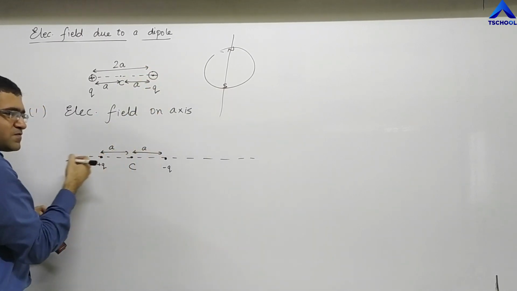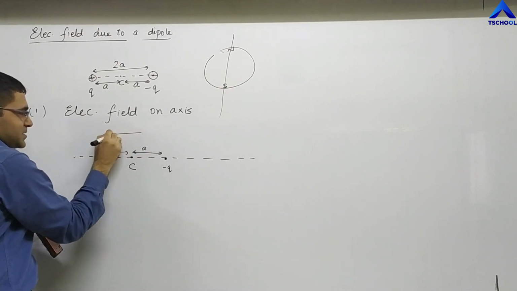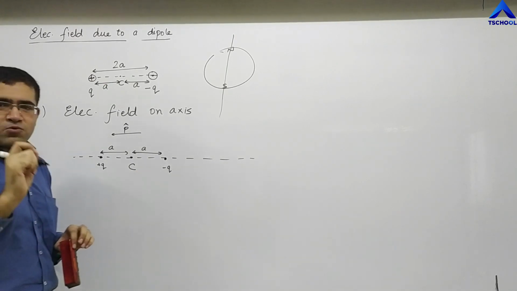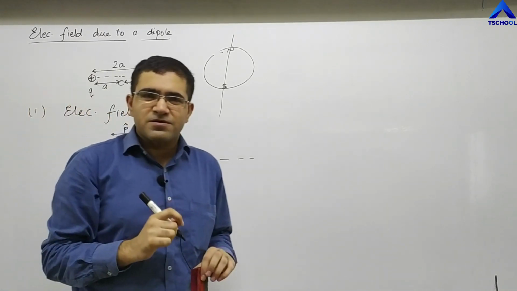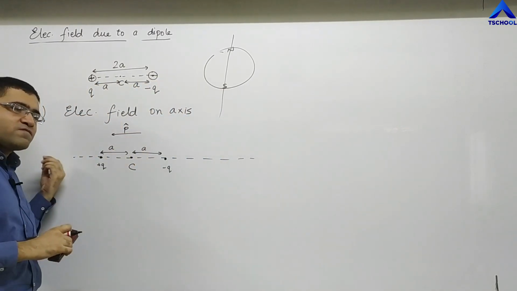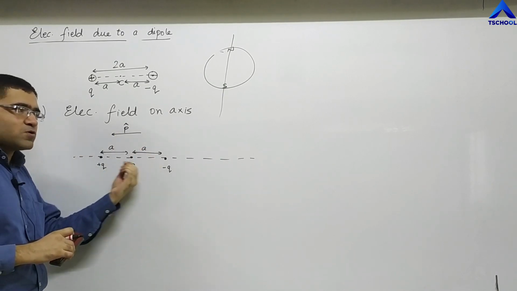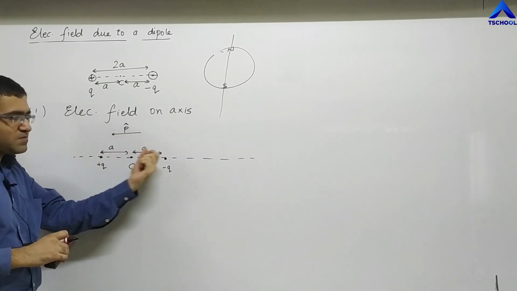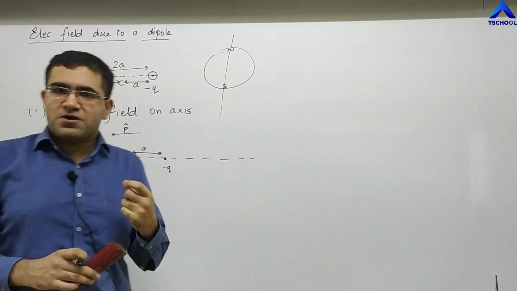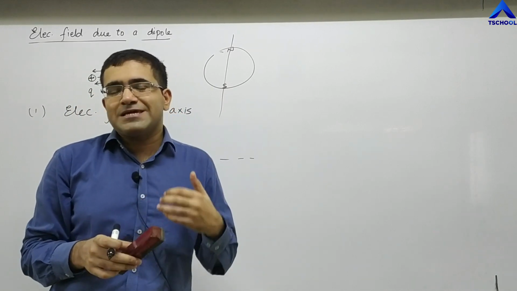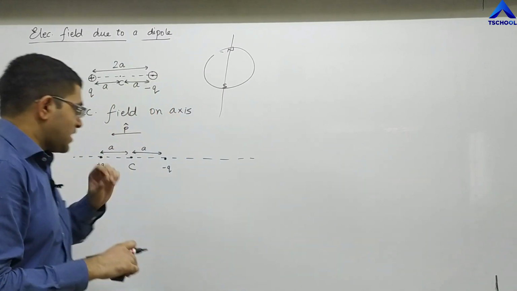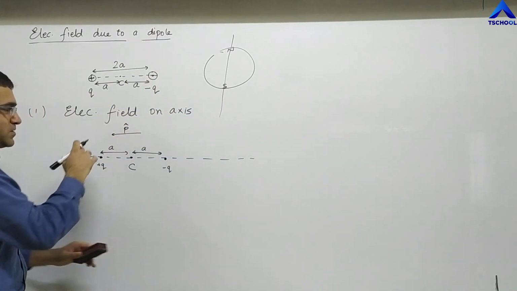It's from the negative charge towards the positive charge, so I'm going to indicate it by p hat. P for dipole moment, hat indicates the unit vector in that direction. So p hat is the unit vector in the direction of the dipole moment from the right hand side of the board towards the left hand side, because it's from the negative charge towards the positive charge. Remember, that's a definition. Do not get confused. And also you cannot really ask the question, why is it like that? Because it's a definition.